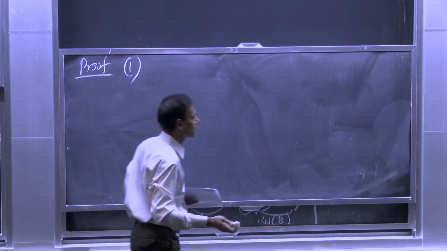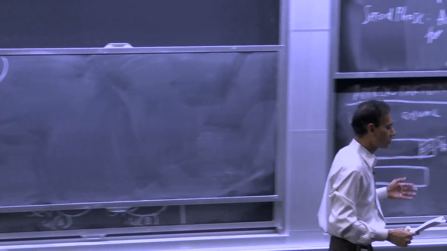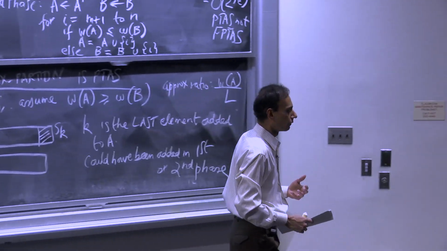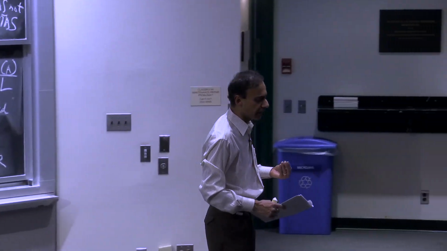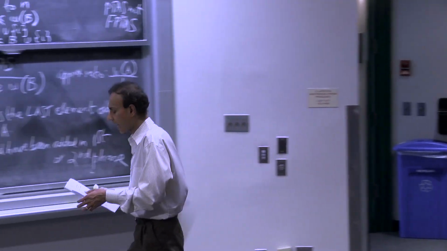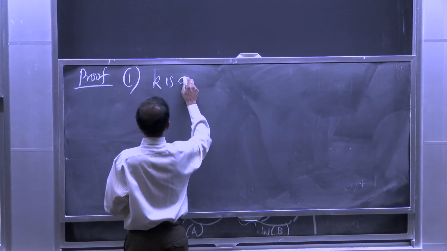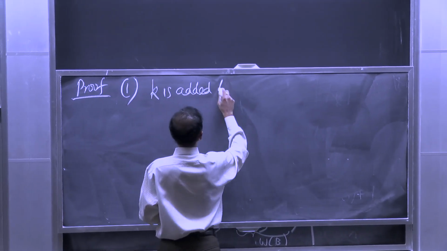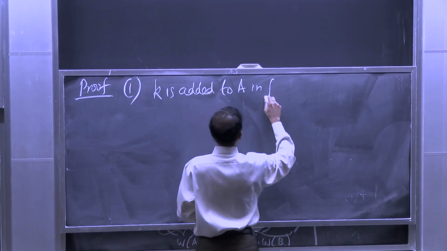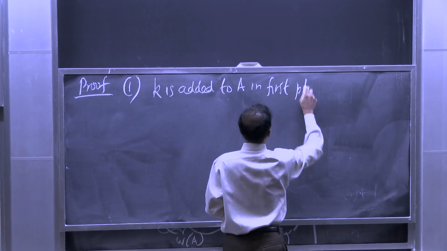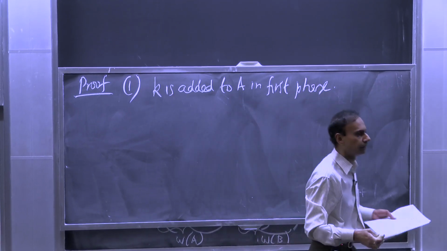There are two cases here that we need to analyze. The first one is easy. The second one is a little more involved. I'm going to now assume that K was the last element and was added in the first phase. If K is added to A, what can I say?